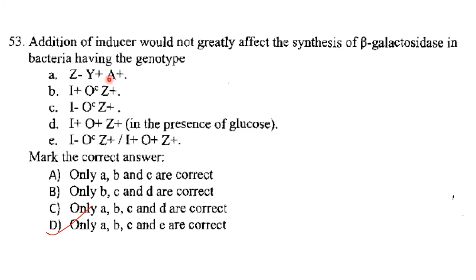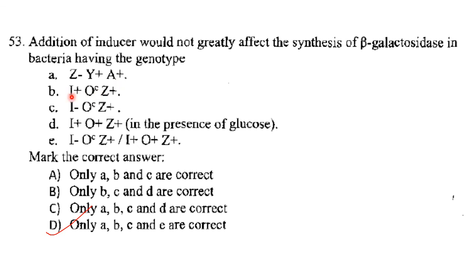So which genotype is it? They have asked. So Z minus Y plus A plus. Since Z minus, beta-galactosidase is not produced at all. So addition of inducer would not greatly affect the synthesis of beta-galactosidase. So A can be one option.